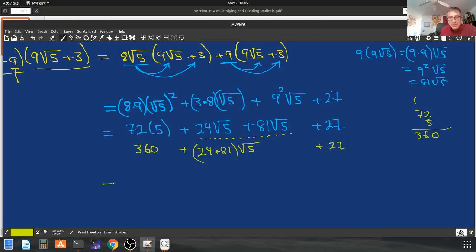So let's collect my like terms. 360 plus 27 are like terms. So that's 387. And 24 plus 81 is 105 on the square root of 5. I didn't do this beforehand. I feel pretty confident that's right.